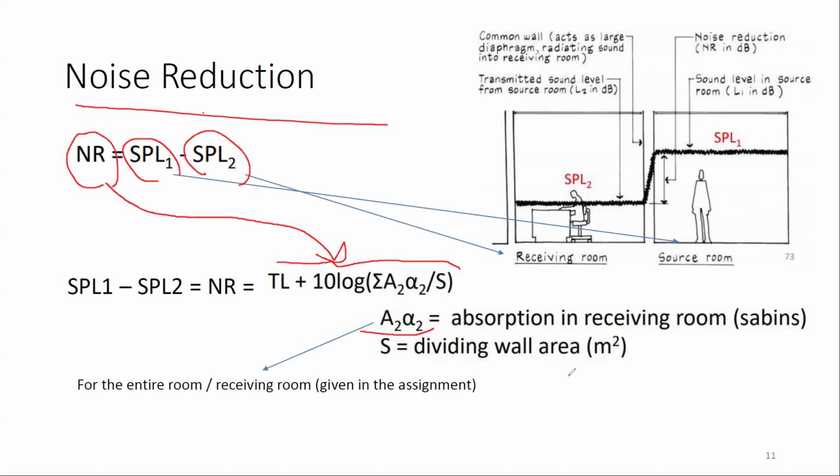If not, you can calculate it, but normally given. And then you have the S. This S is only the dividing wall. Remember that. So if you see something like this on the exam, you don't need the entire room area. You just need the dividing wall. Right? So you have the SPL1, a drop, and SPL2. This wall is dividing them, and you need the absorption in the receiving room. And you just plug in all the numbers, and you'll be able to calculate it.